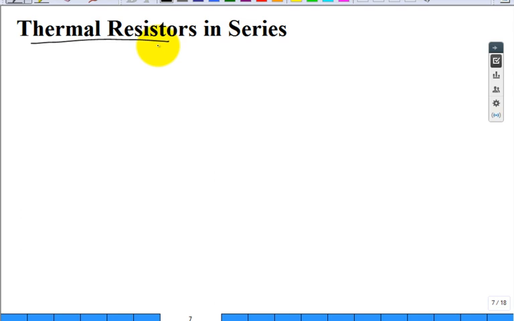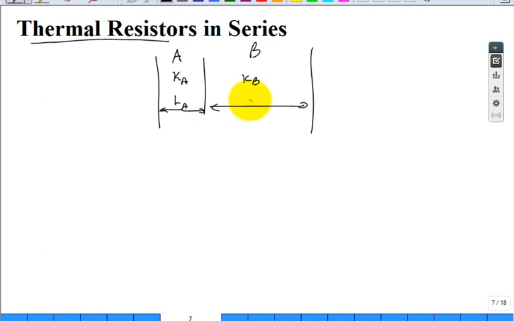Let's say I had a slab of material A with conductivity A and thickness A. And then I had another slab, material B, with thermal conductivity B and a different thickness, B. And then another slab, C, conductivity C, slab thickness C. You can see what we're doing.